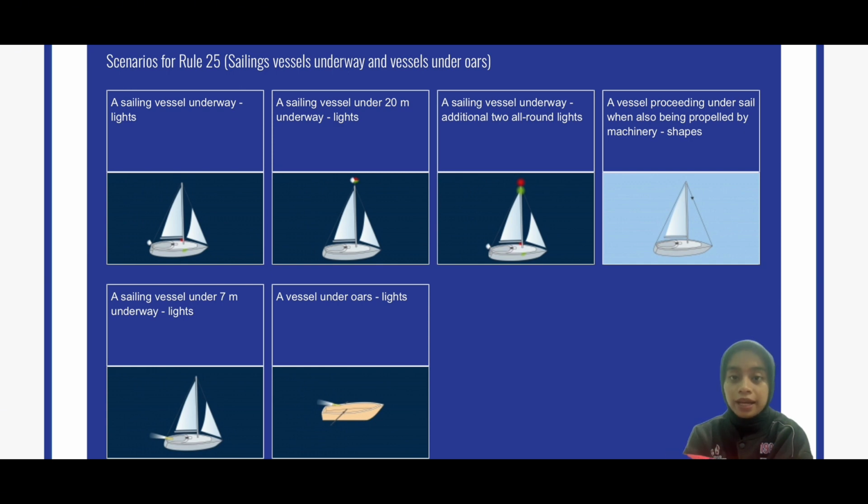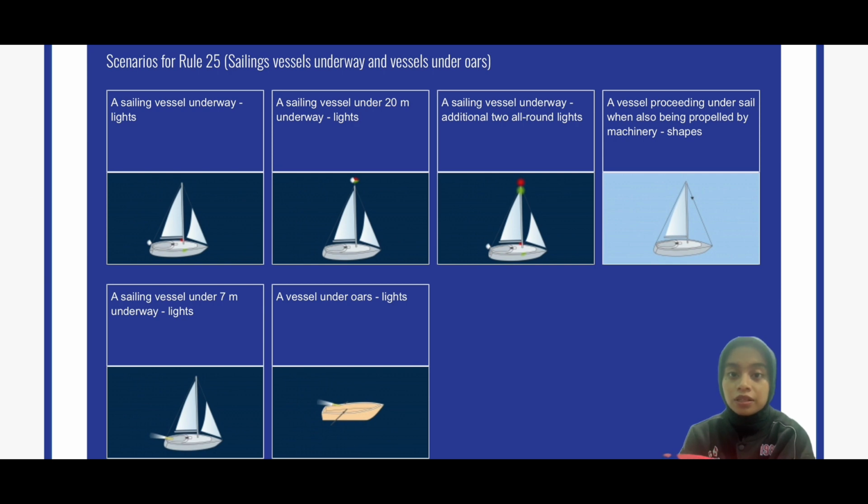But these lights shall not be exhibited in conjunction with the combined lantern permitted by paragraph B of this rule. A sailing vessel of less than 7 meters in length shall, if practicable, exhibit the lights prescribed in paragraph A or B of this rule.